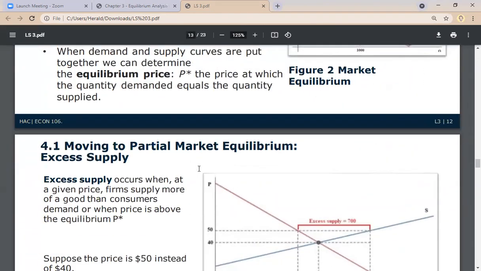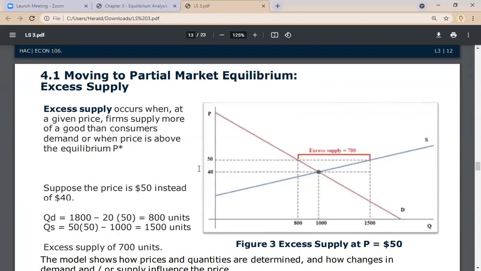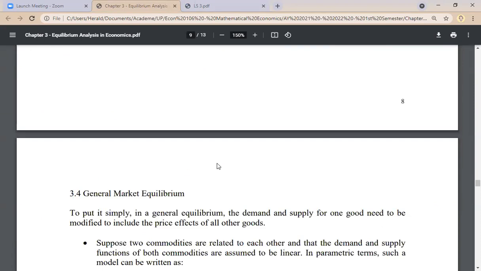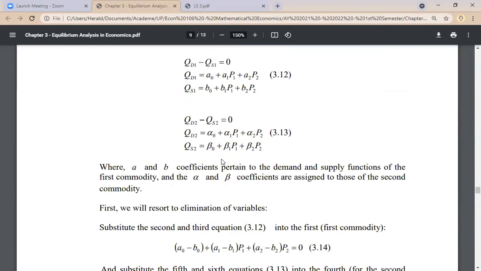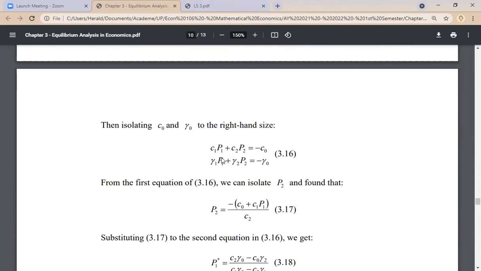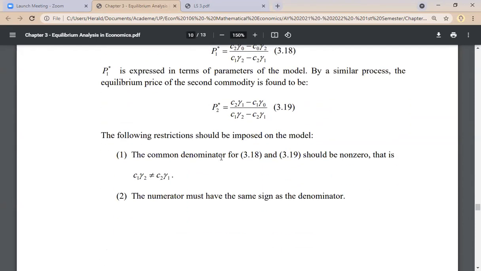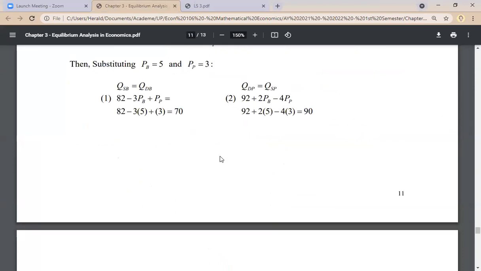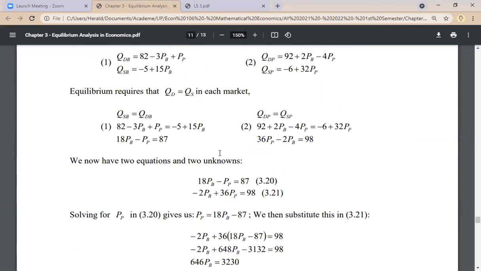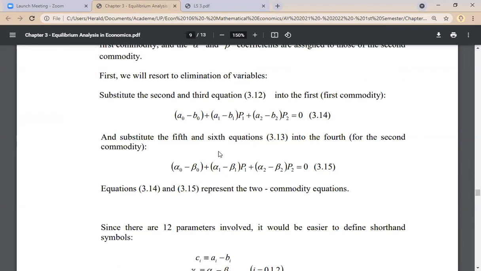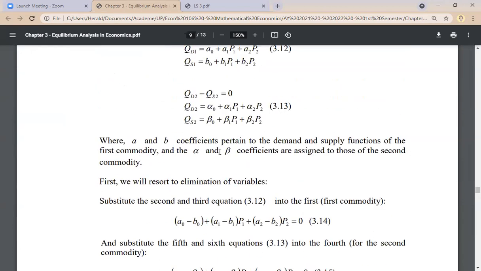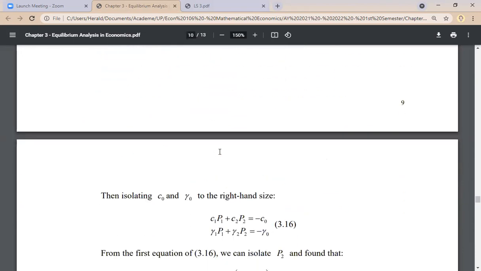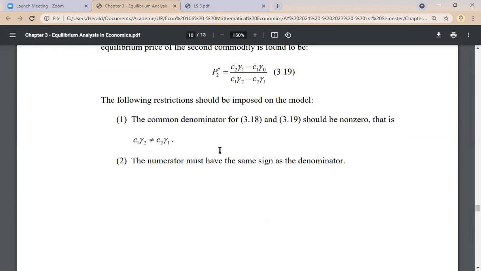Time check, it's 11:40. Should we start the discussion on the general market equilibrium? I think I'll just discuss the general parameters, and then we'll have a numerical example later on, maybe on Friday.